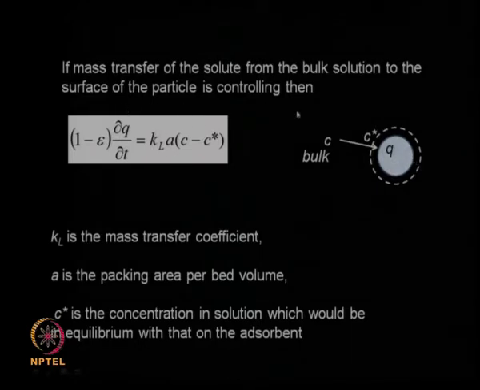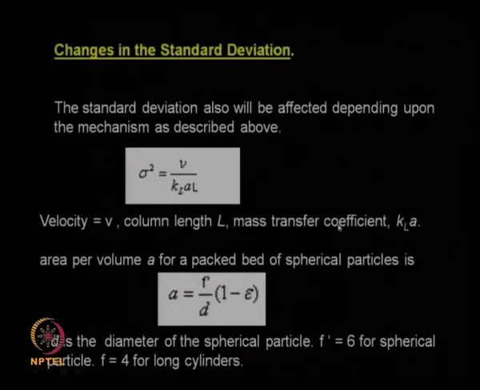So if the mass transfer is controlling, what this equation tells you is the accumulation of the solute in the solid phase is exactly equal to the amount of material which is moving from the bulk to the surface, okay. With that equation you will be able to solve the partial differential equation.